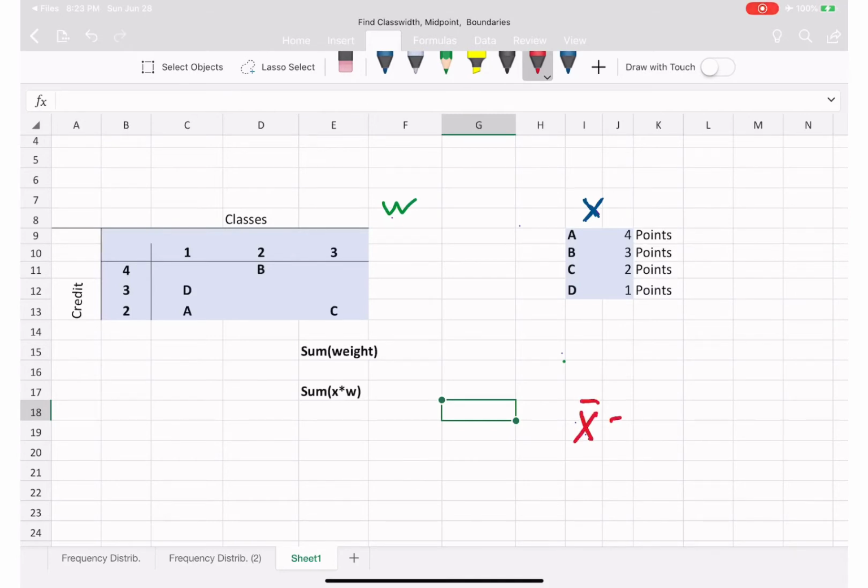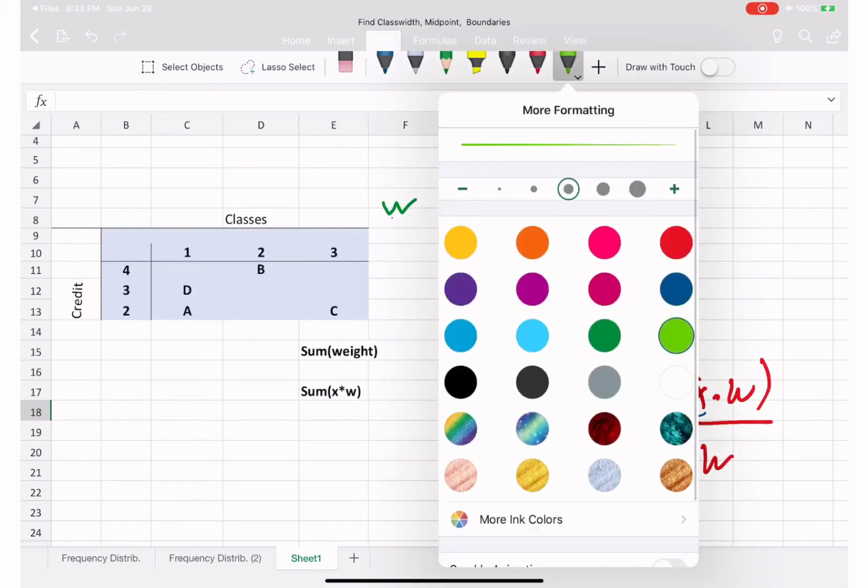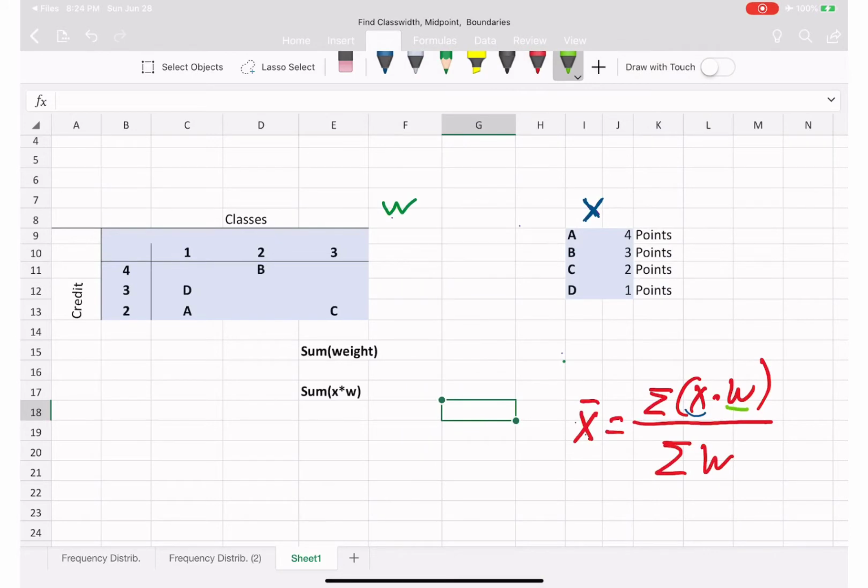X bar is equal to sum of x times w divided by sum of w. So x is given. All we have to do is find w and sum w, and then to add them.